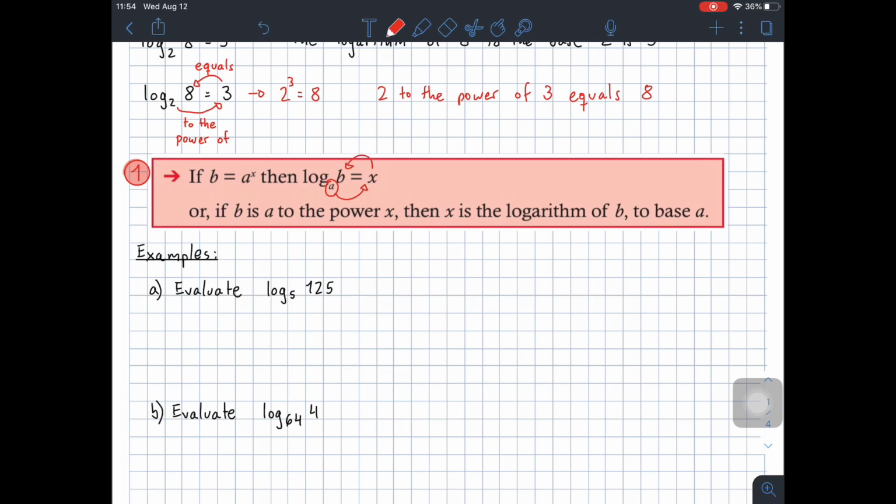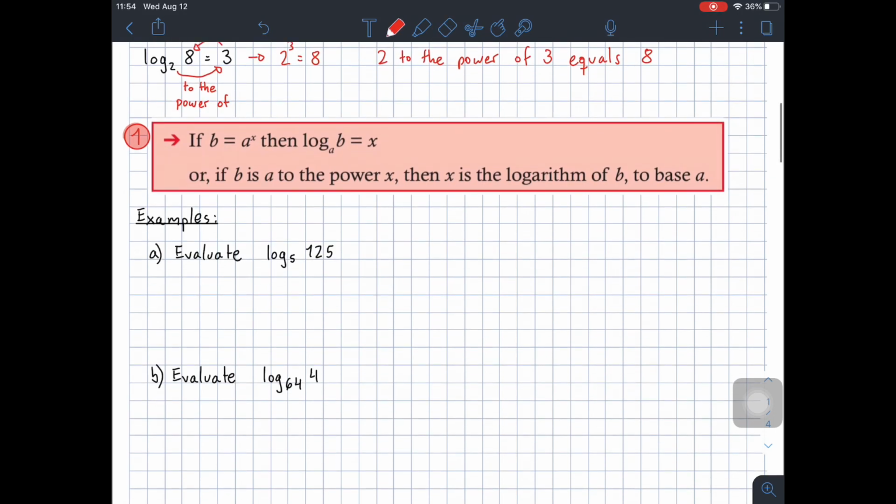So if I have this expression, this is the same as saying a to the power of x should equal b. So remember that rule, because with that concept, you will be able to solve lots of problems. Or, if b is a to the power of x, then x is the logarithm of b to base a.